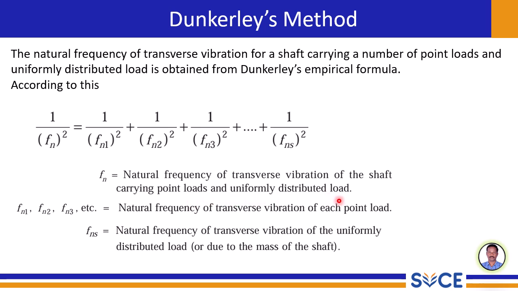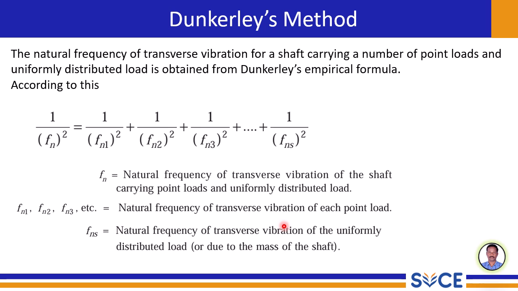This frequency we want to estimate, and it is very important to know that fn1, fn2, fn3 till fn are nothing but natural frequencies of transverse vibration if only each individual point load were present on the system or shaft.